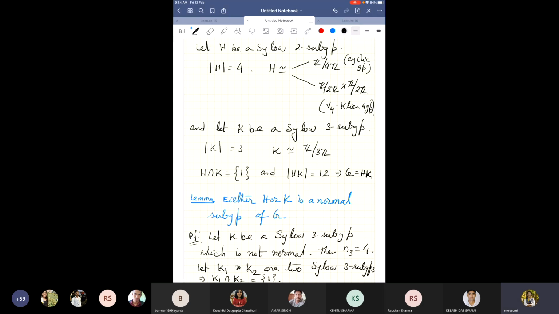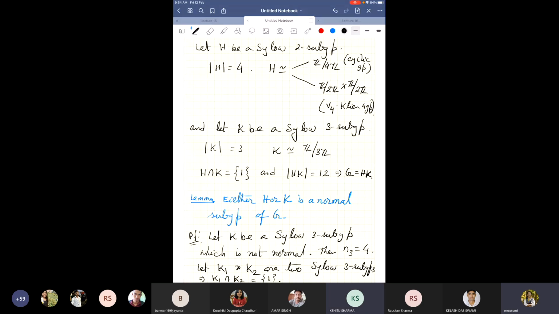That means if you take any 2 Sylow 3 subgroups, then they intersect trivially. So now can you calculate how many elements of order 3 are possible in this group G? 8.